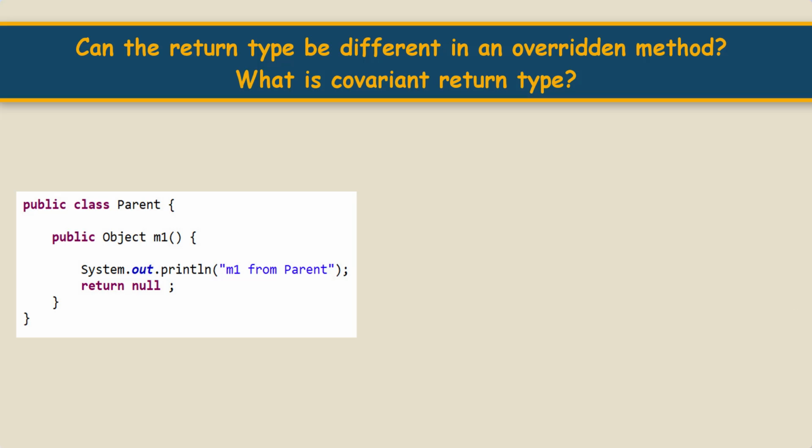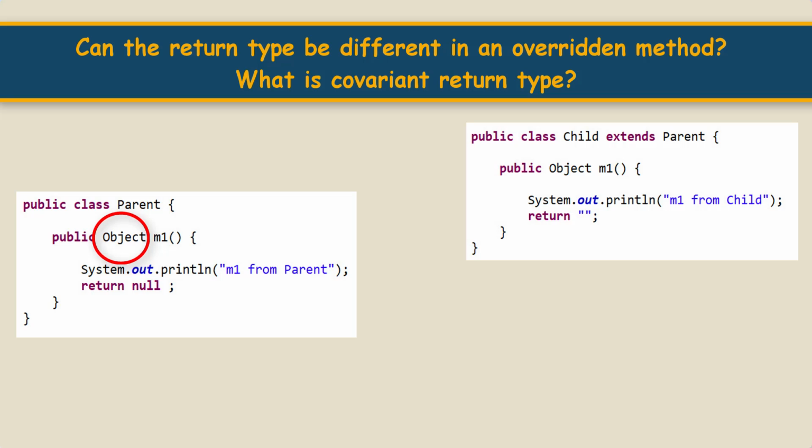Let's see this simple example. Let's say class Parent contains this public Object m1 method. So the return type of this m1 method is the Object class. In the child class, I can override this m1 method by using Object as the return type, or I can use any subclass of the Object class. We know the Object class is the superclass for all the user-defined or built-in classes in Java.